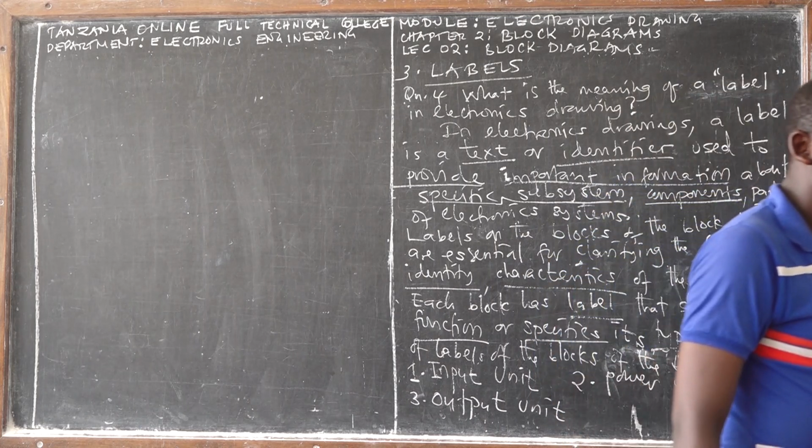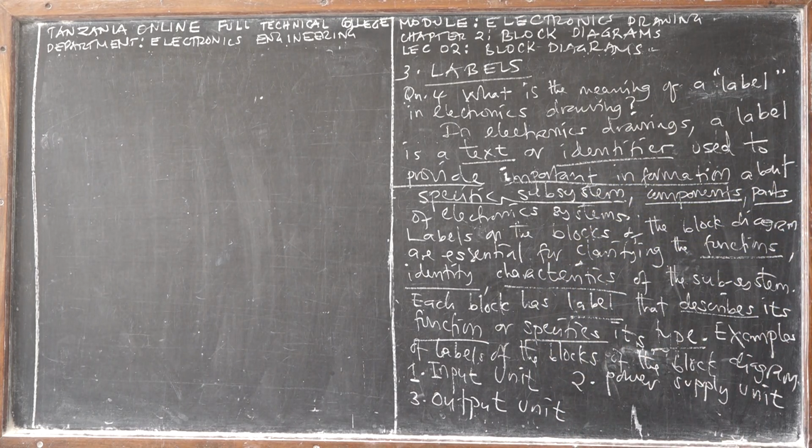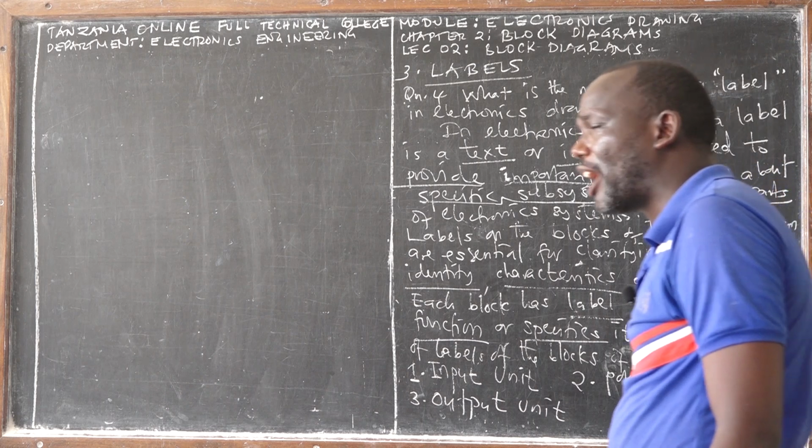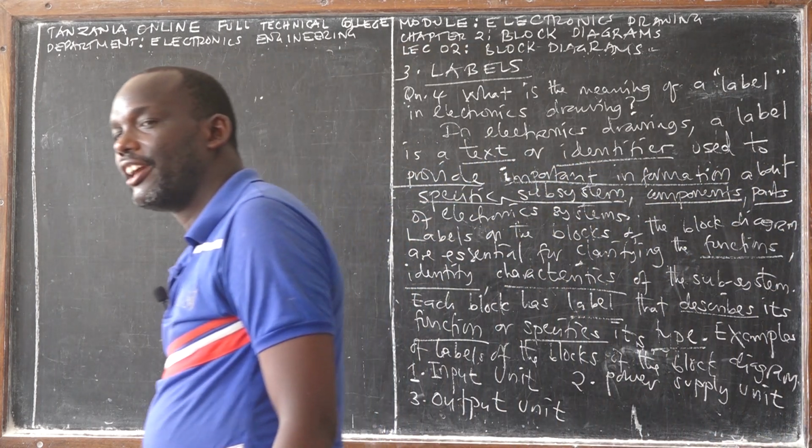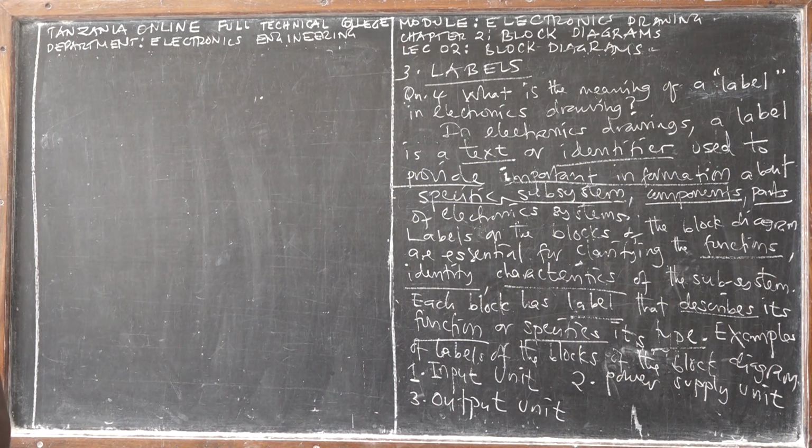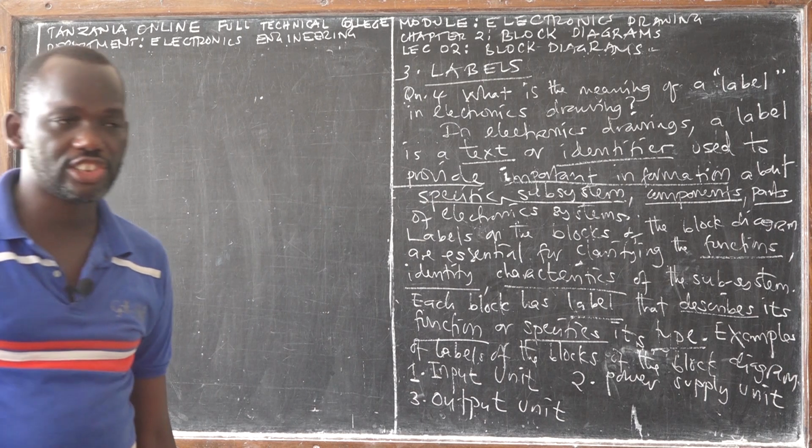Okay, another organ? Kidney? Skin. So skin provides which kind of output? Sweating. So how does the skin provide sweating?